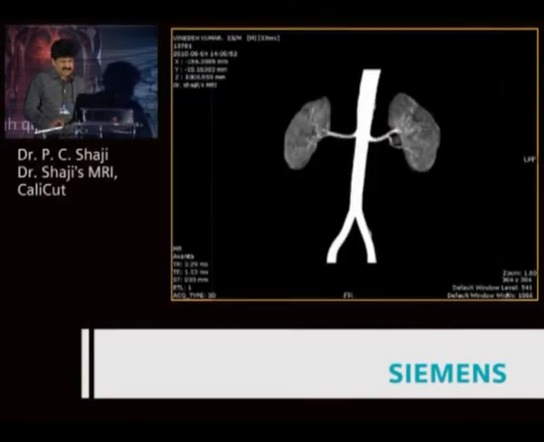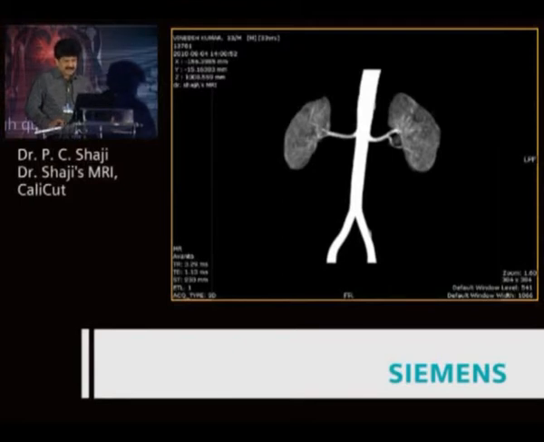Renal arteries, we have only limited experience because our nephrologists and the transplant people are more used to cardiac CT angiographies. They are asking us whether we can reproduce images almost equal to a CT angiography image.